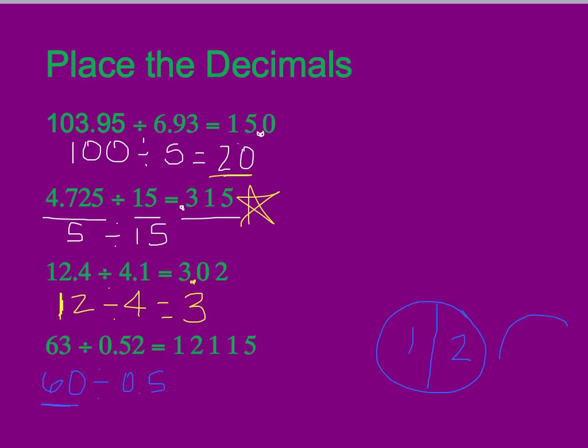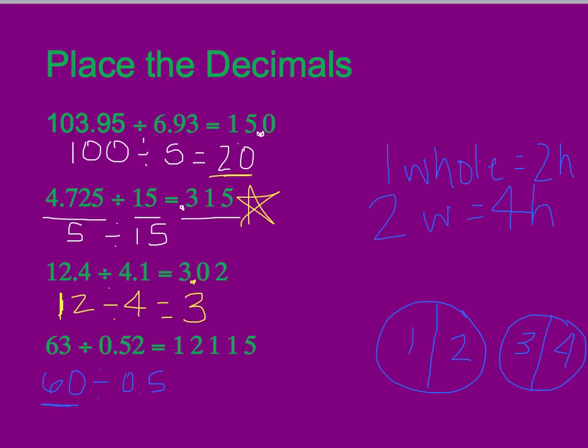So let's think about if we were to draw another whole circle. Well, here I have 2 halves. So if you want to think of it like one whole equals 2 halves, I don't have enough room. 2 wholes equals 4 halves.